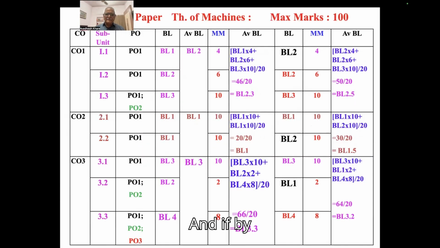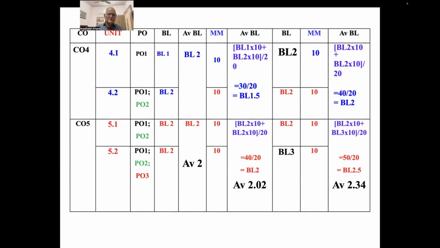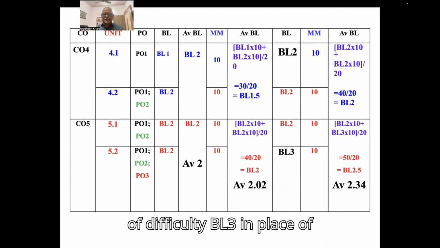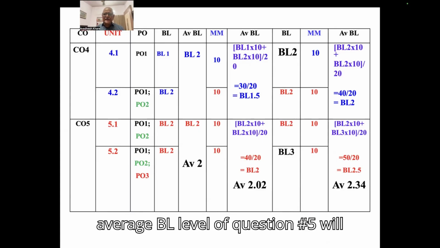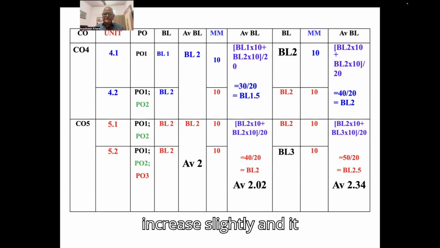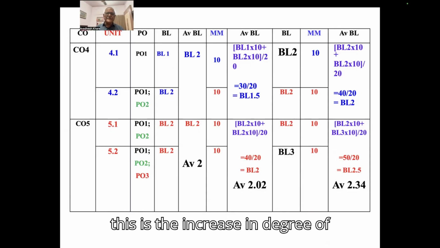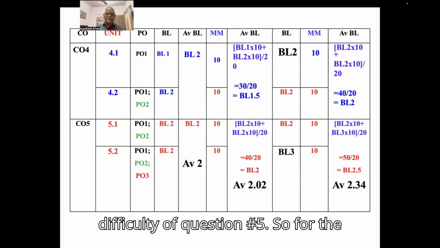And if by chance question 5.2 has degree of difficulty BL3 in place of BL2, then the average BL level of question number 5 will increase slightly, and it becomes BL2 into 10 plus BL3 into 10 divided by 20, that is 2.5. So from BL2 to BL 2.5, this is the increase in degree of difficulty of question number 5.